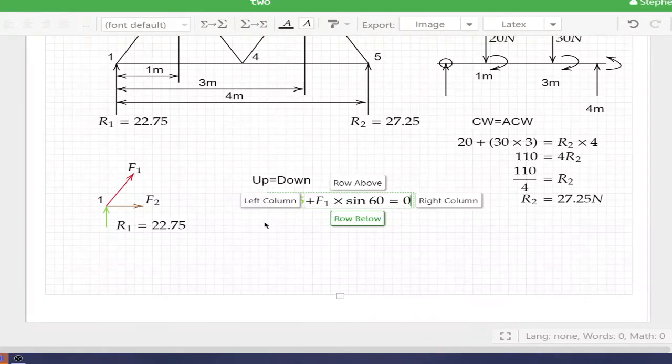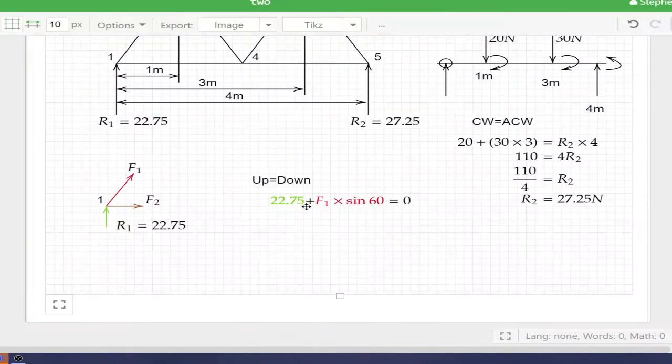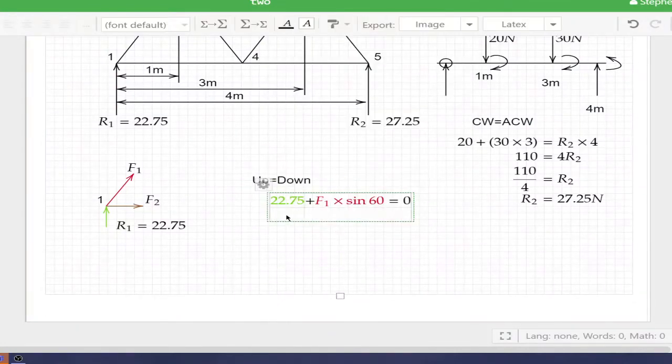We need to do our colour coordination, don't we? So let's make that a nice red colour, just to keep things together. Right, so what's next? Well, the only thing we don't know is F1. So we can rearrange the equation to find out F1 then.